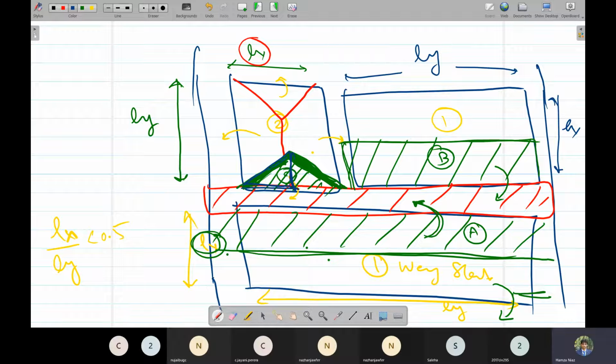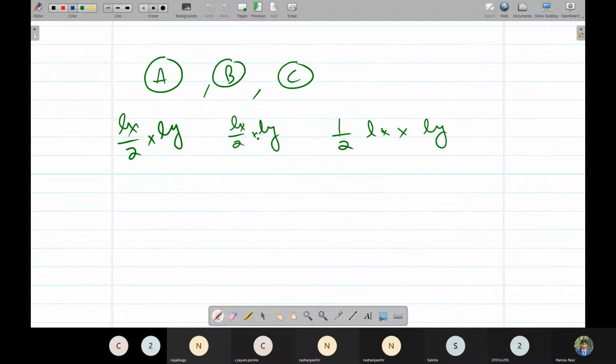So if this was Lx by 2, this one would also be Lx by 2. So this is how we can calculate the areas.